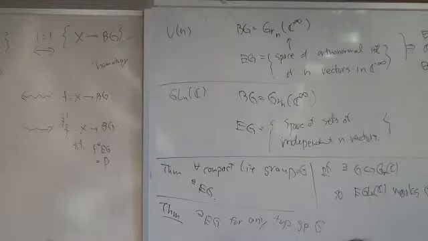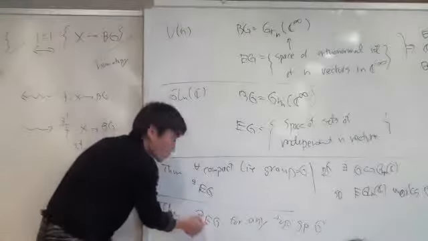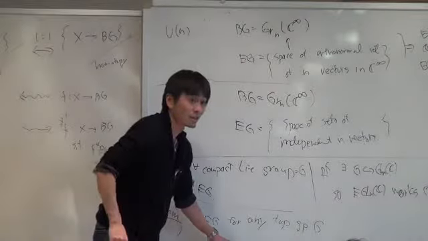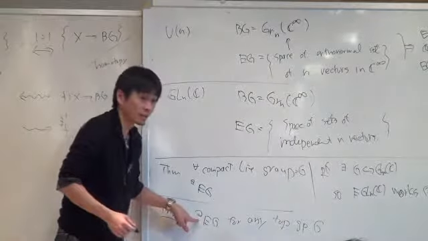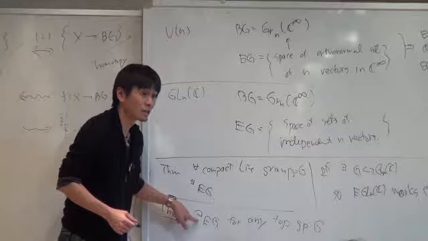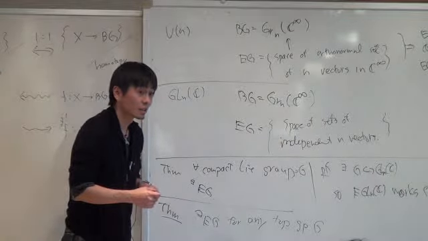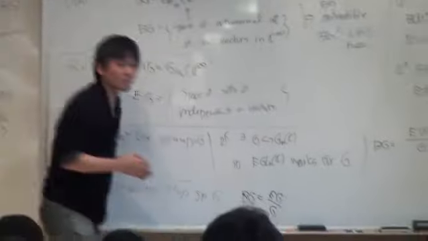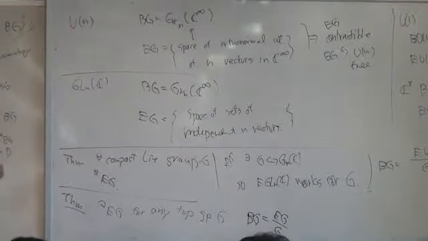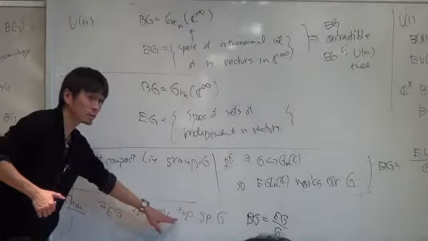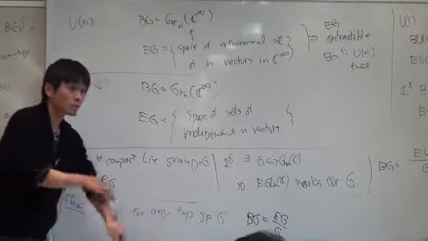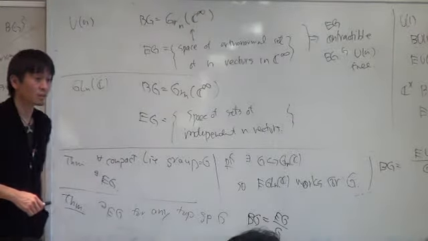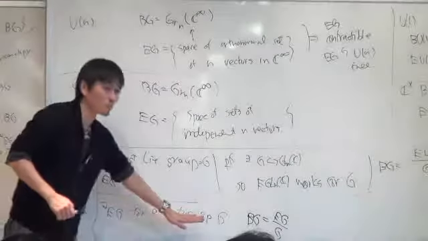EG exists, and BG is just a quotient of EG, for any group.